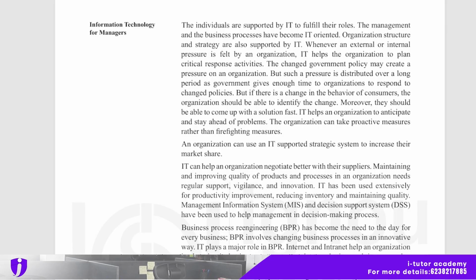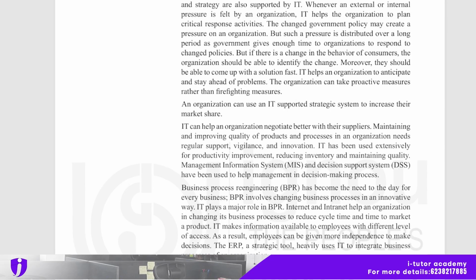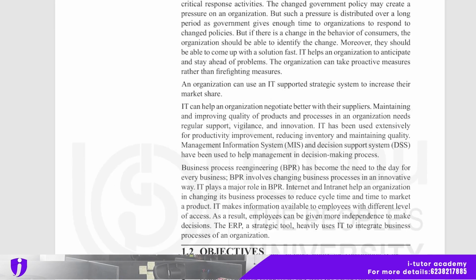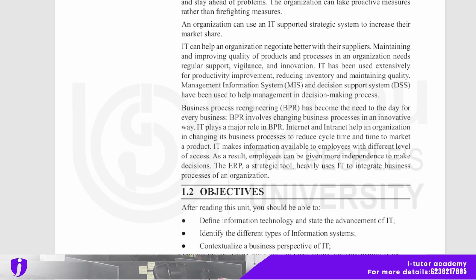Whenever an external or internal pressure is felt by an organization, IT helps the organization to plan critical response activities. An organization can use an IT supported strategic system to increase its market share. IT can help an organization negotiate better with its suppliers.